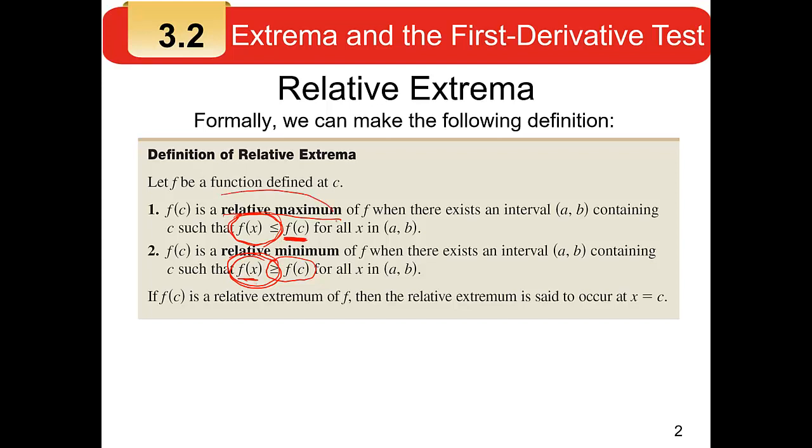The relative maximum, if the function value at c is bigger than all the points around it. It's a relative minimum if the function value at c is smaller than all the points around it. And if that occurs, we can also say that if f of c is a relative extreme value of the function, then the relative extrema is said to occur at the point x equals c.